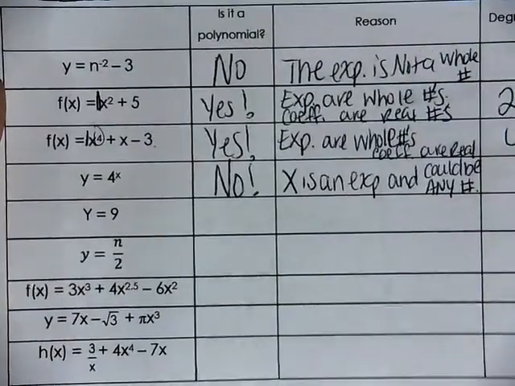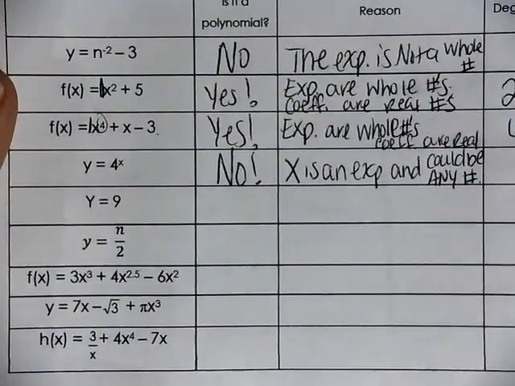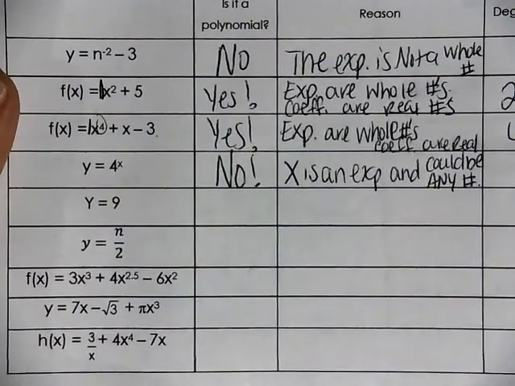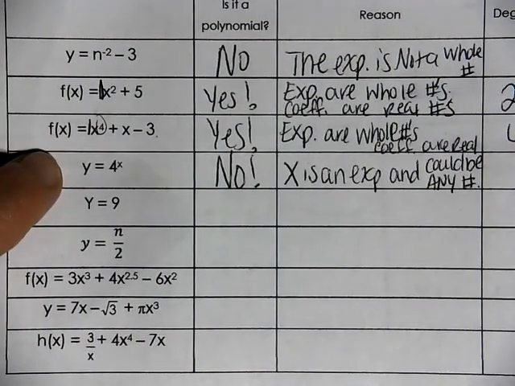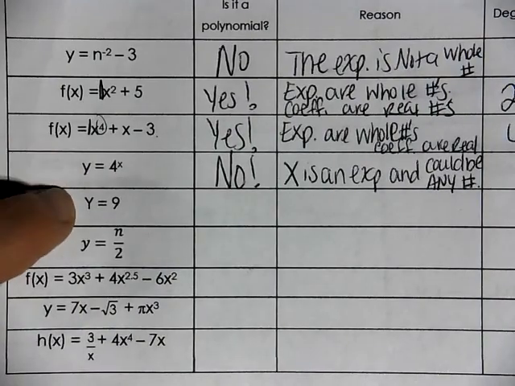And because it could be any number, that means it could be something that's not whole. And so therefore, y equals 4 to the x power is not a polynomial function. Instead, it's an exponential function that we will study later on in this course.